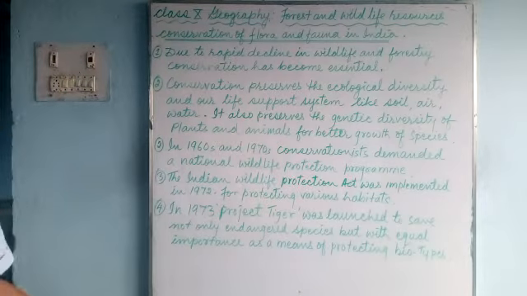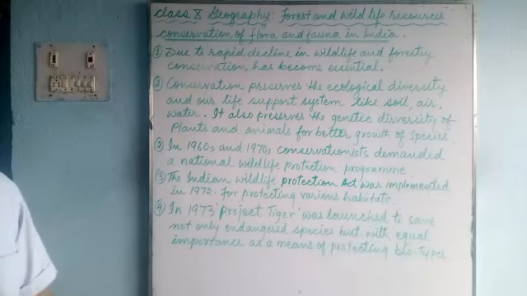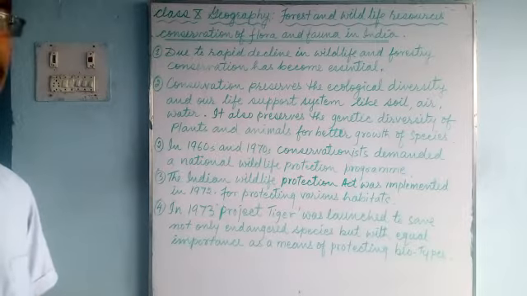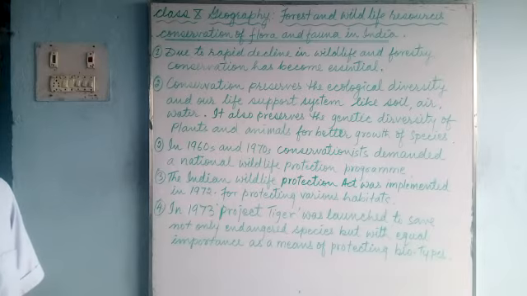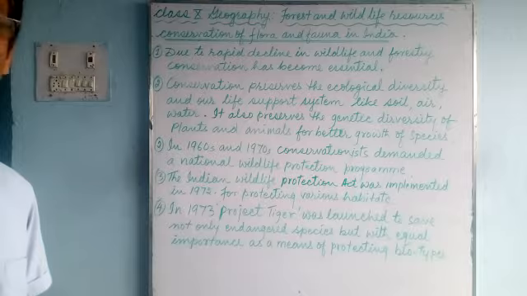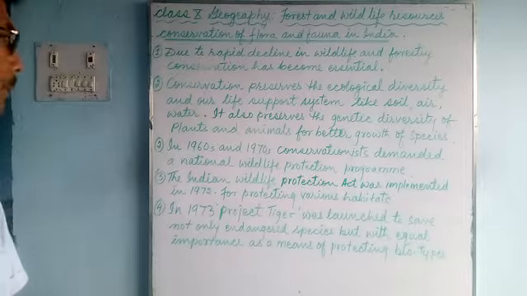Before that, people used to go and hunt, cut down trees and so on. There were no rules and regulations for forest and wildlife. But after 1972, there were rules and regulations.